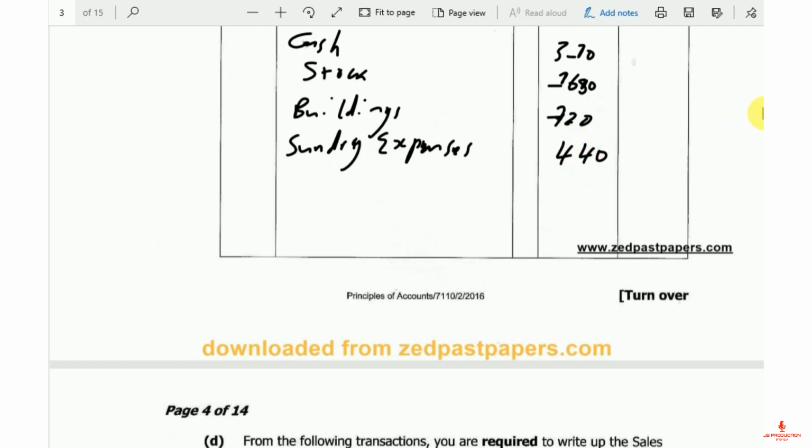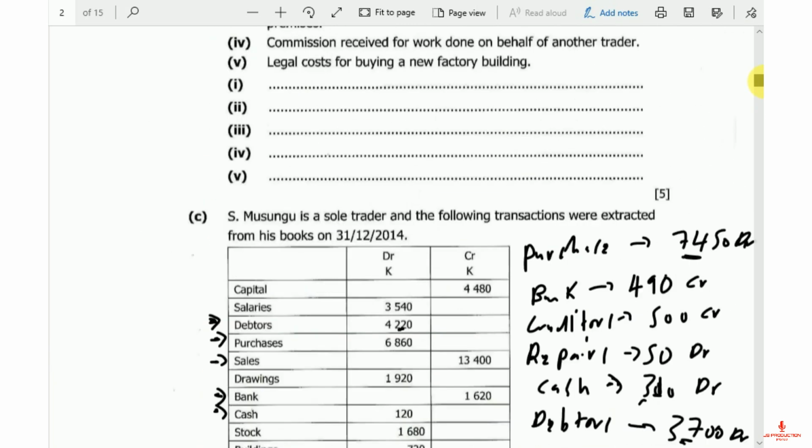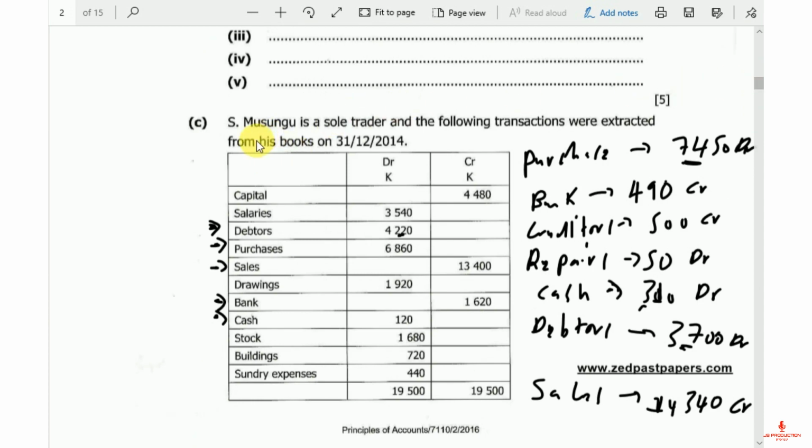As we can see, we have finished all the transactions that were given to us in this trial balance, but we have other transactions that we are remaining with, like that of creditors and that of repairs. So we need to record these two transactions in the updated trial balance.